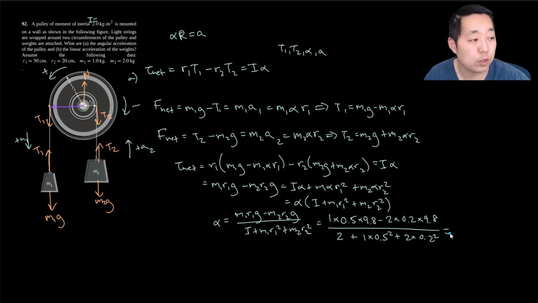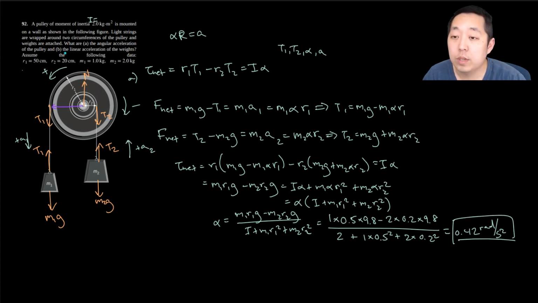So this is what I'm computing into my calculator. Get 0.42 radians per second squared.